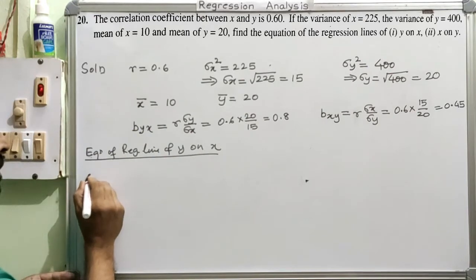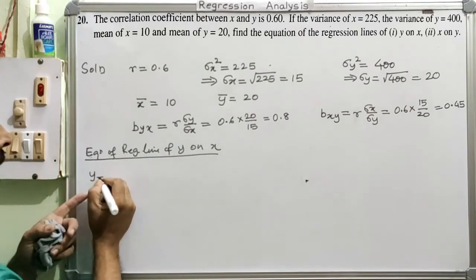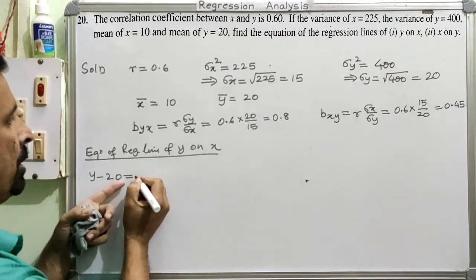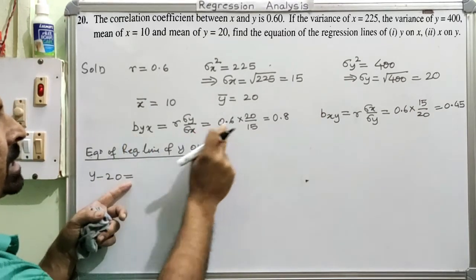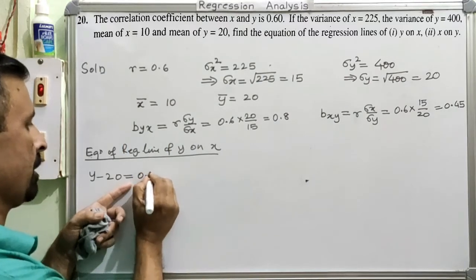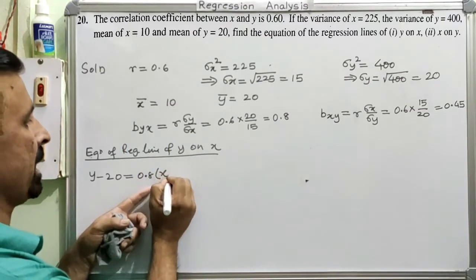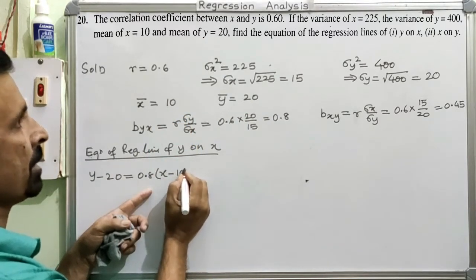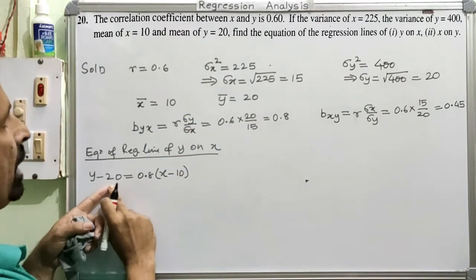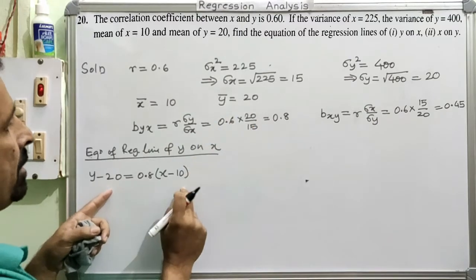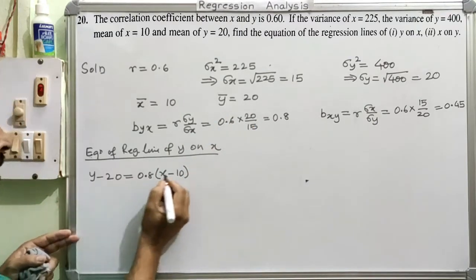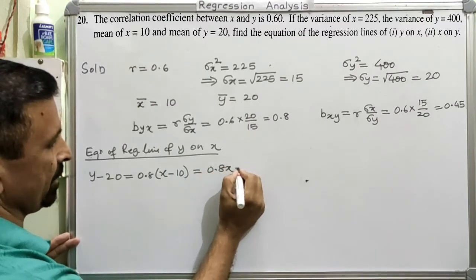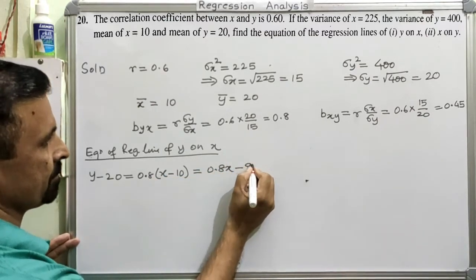So the formula you know: y minus y mean, and y mean is 20, is equal to byx, and byx is calculated 0.8, into x minus x mean, and x mean is given 10. Y mean is 20, right? And now calculation. So this will become 0.8x and this will become 8.